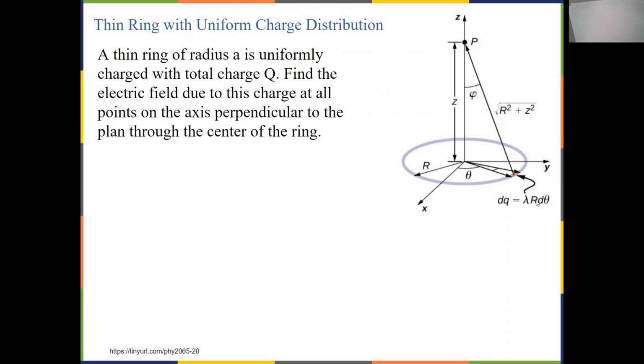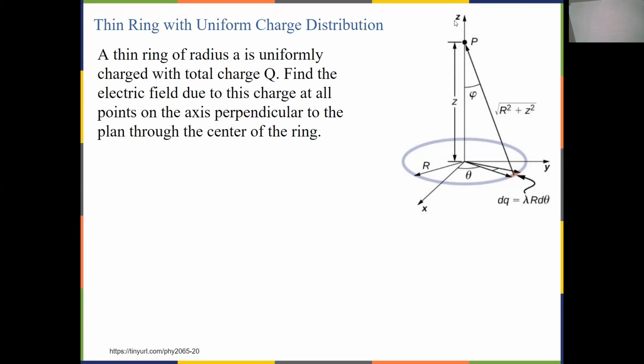R d theta gives you the arc length, and the arc length times the line density gives you the charge. If you have a small piece over here, the electric field it produces at this point P is going to be pointing in that direction.